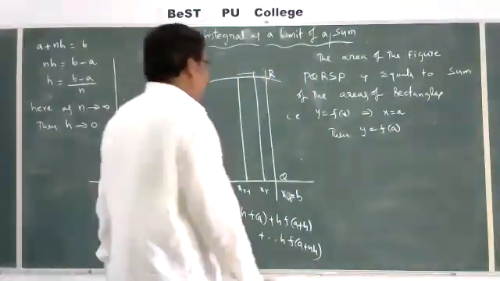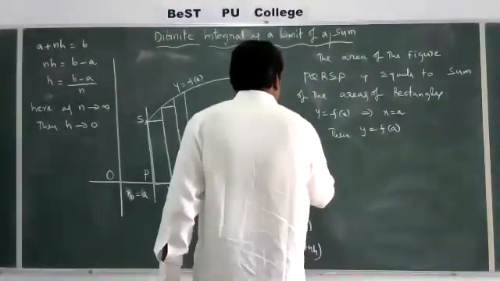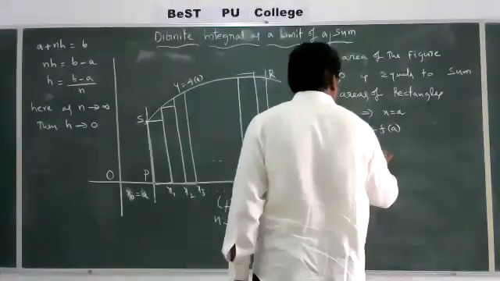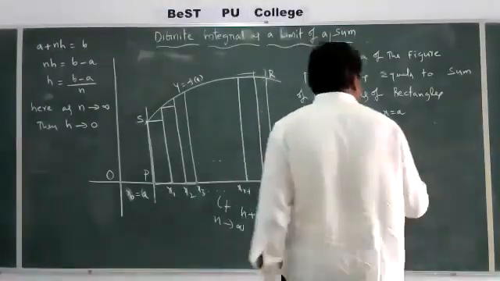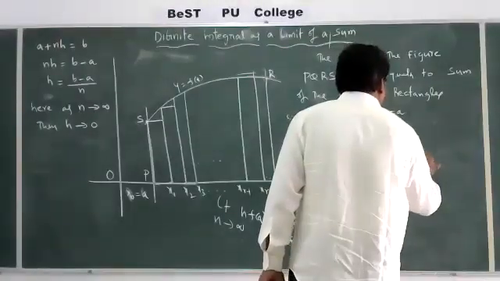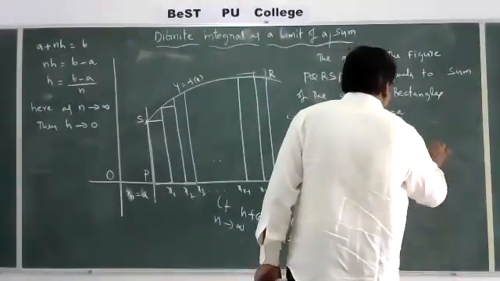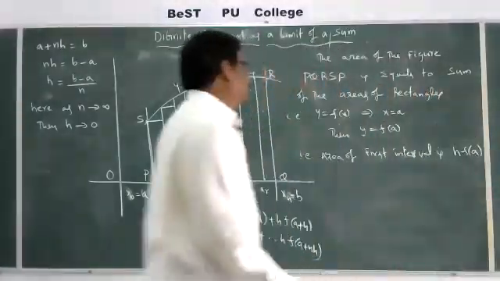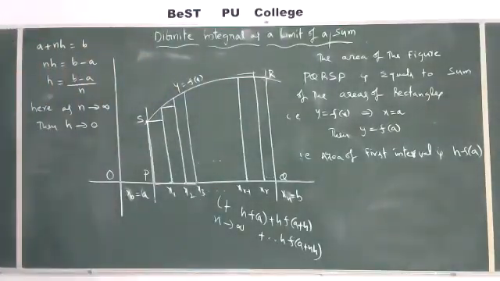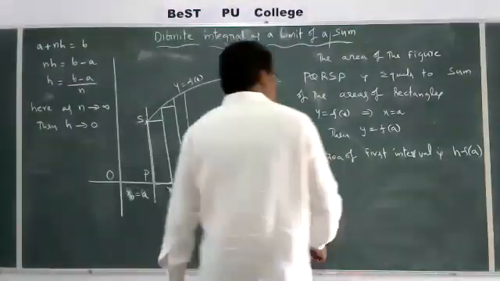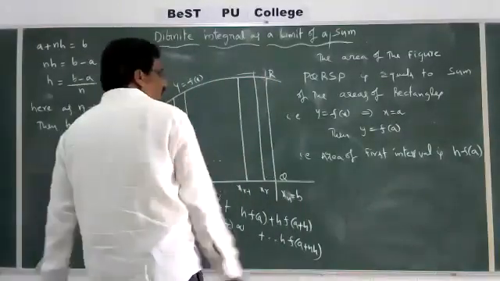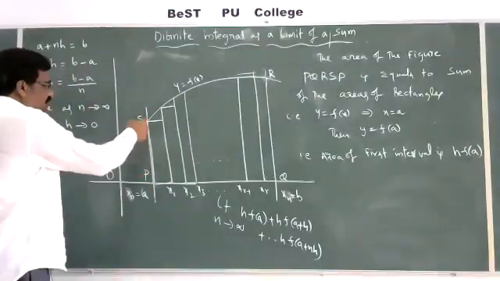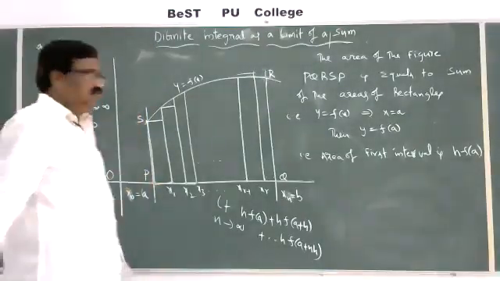That is, the area of the first interval is h into f of a. Length into breadth: breadth is h units, length is y is equal to f of a.